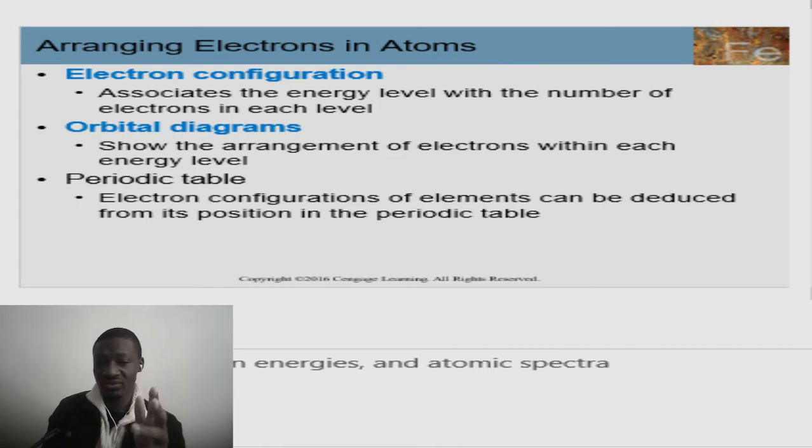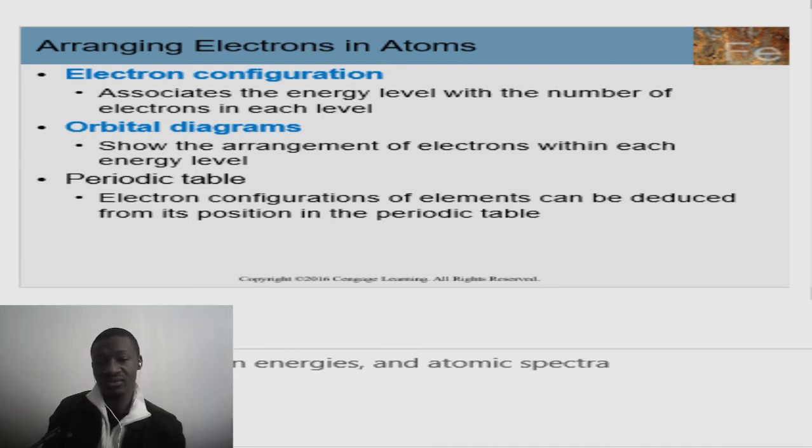And then we talked previously about the periodic table, and we saw how the electrons increase successively across, and how it also does that going downwards in the periodic table. So the electron configurations of elements can be deduced from their positions on the periodic table because there's a set structure. That's how it moves.